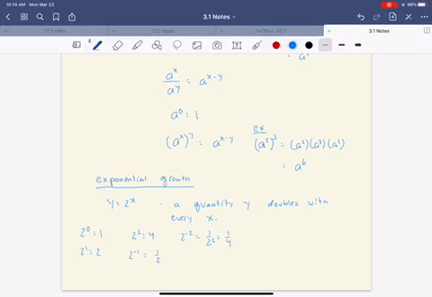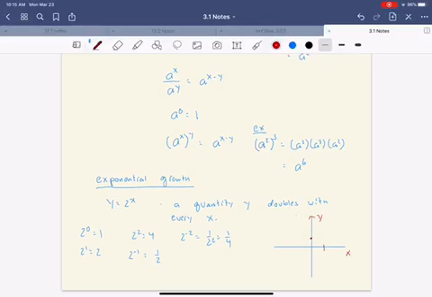So we could graph this. Graph it in red. So 2 to the 0. Okay.